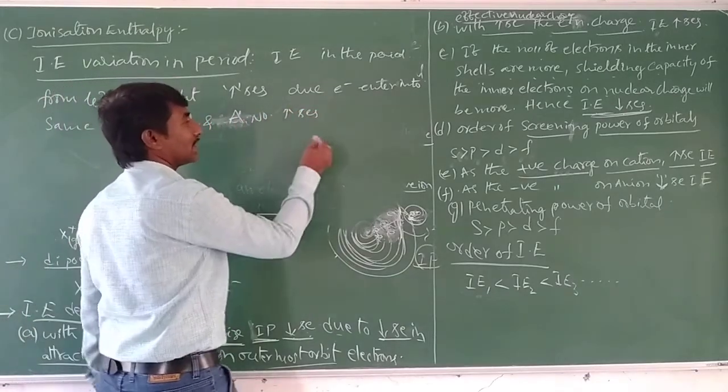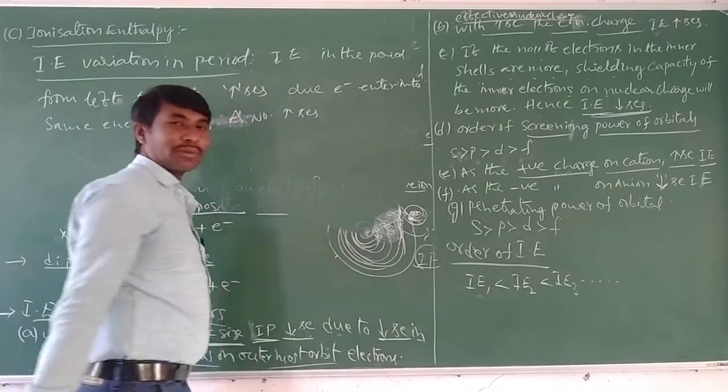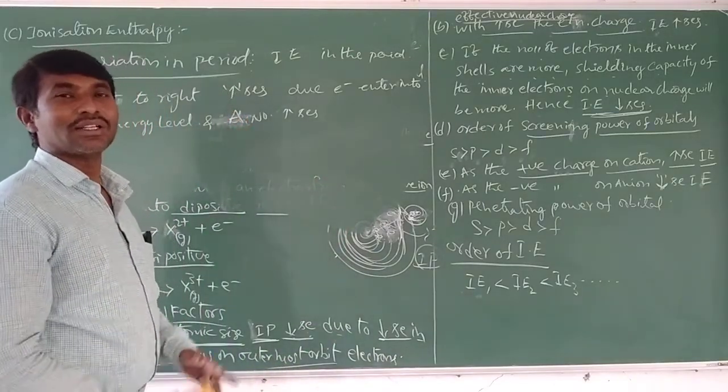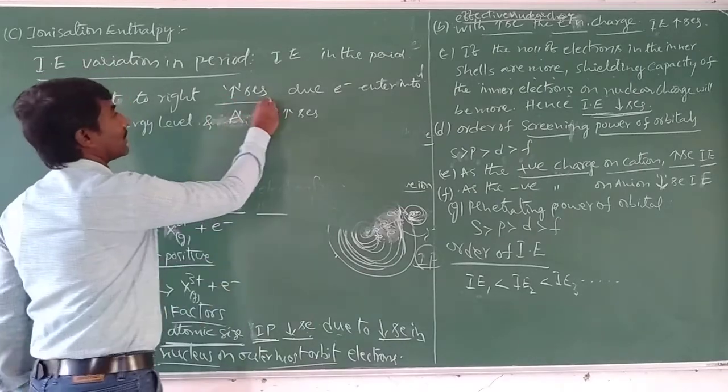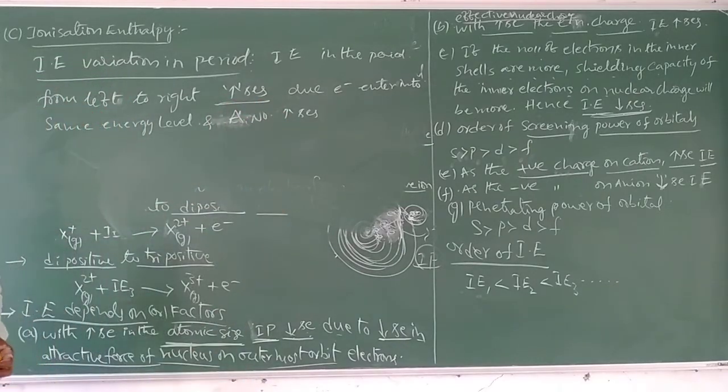So atomic number increases and automatically the nuclear force of attraction increases. So that's why ionization enthalpies increase in a period.